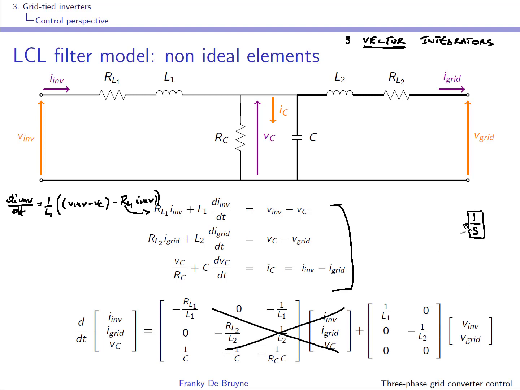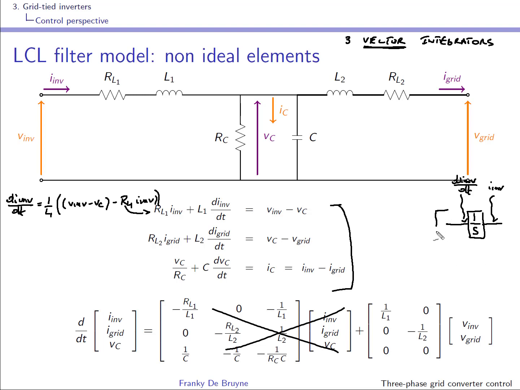What you'll have over here is dI inf over dt. After integration you'll have, of course, your inverter current, and since this is a vector you can construct all phases at the same time.